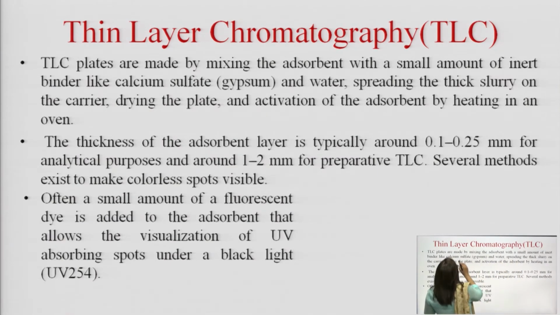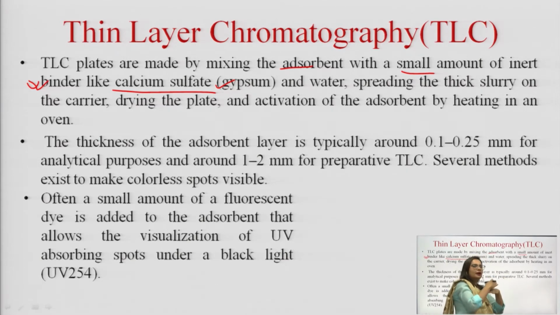Next, the TLC plates are made by mixing adsorbent with a small amount of inert binder called gypsum, chemically calcium sulfate. As the solid support, the adsorbent needs something to get adhered and bound over the solid support, and that is achieved by the addition of gypsum and water.